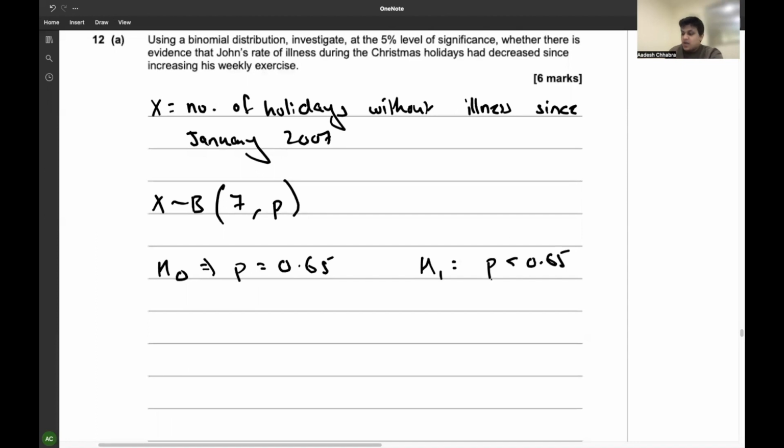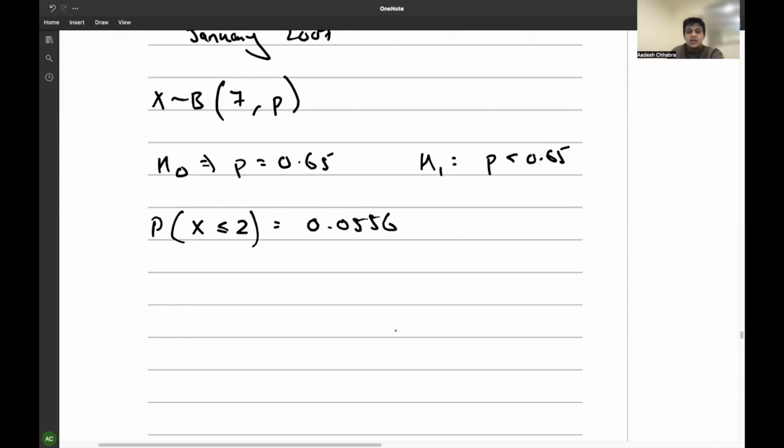So now we can go ahead and calculate the probability of X being less than or equal to 2. If we go ahead and use our calculators to solve this, we should get that P of X being less than or equal to 2 is equal to 0.0556. And this is clearly above 5%.